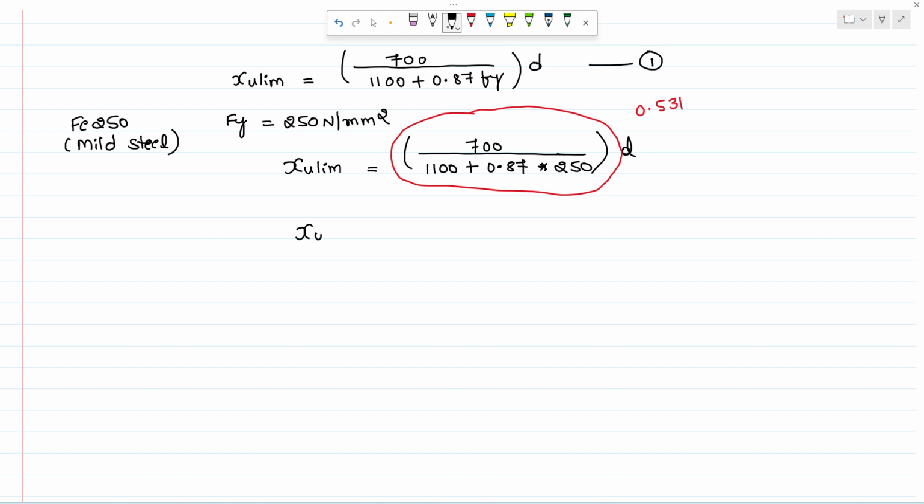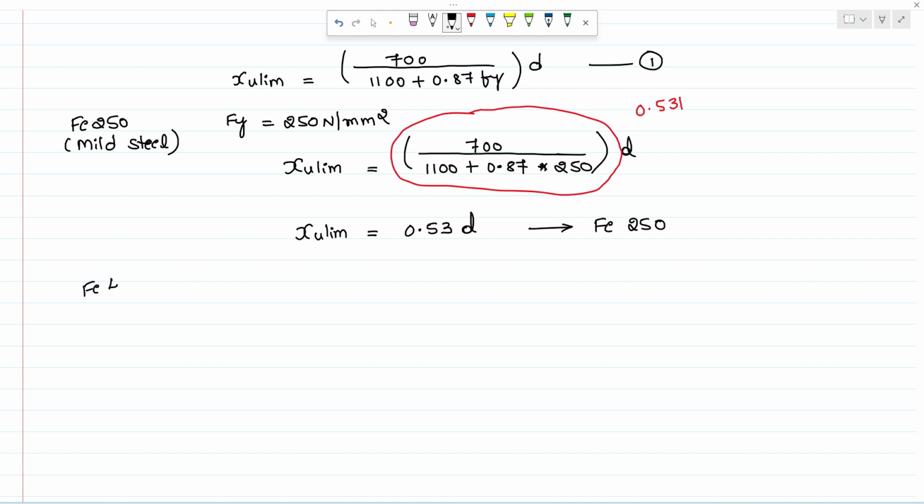So XU limit equals 0.53 times D. So this is for Fe 250 for mild steel.